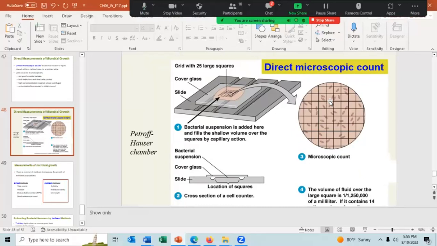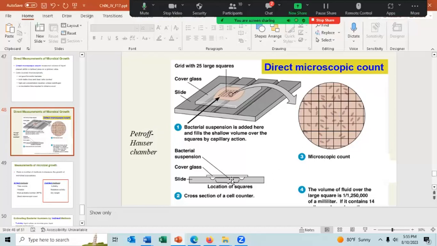And then you take the cell number obtained, say 15 cells there, and multiply by 1,000,000 to get the number of cells in a mil of your original sample. So the volume underneath this grid is very slight, and you take your cell counts and multiply by 1,000,000.